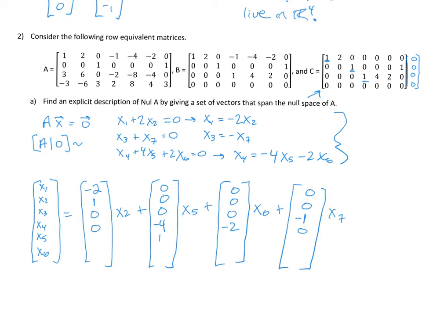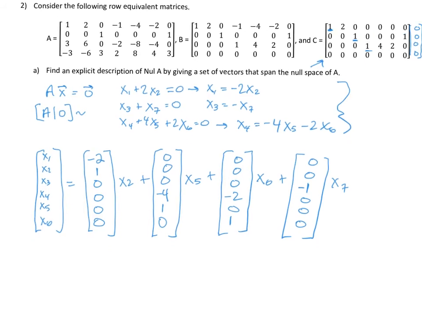So I need a 1 here for x5, zeros everywhere else. And x6 equals x6, so I'm going to put a 1 there and zeros everywhere else. So that's parametric vector form. So this is a description of the null space. This is the null space of A.